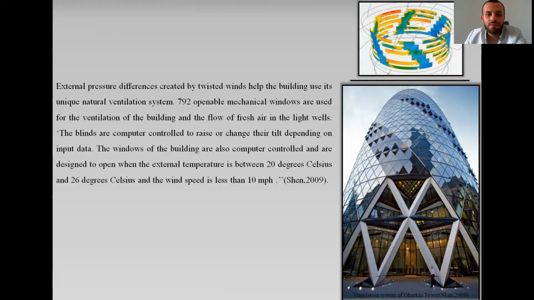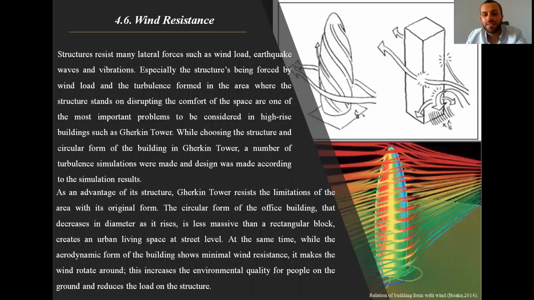The windows of the building are also computer controlled and are designed to open when the external temperature is between 20 degrees Celsius and 26 degrees Celsius and the wind speed is less than 10 mph.